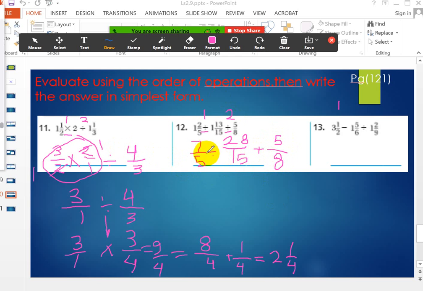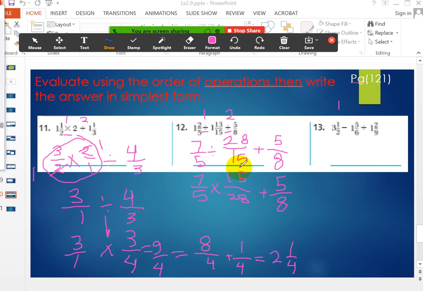Now I will convert from division to multiplication. So 7 over 5 multiply 28 over 15. No, I'm sorry, this one will be 15 over 28, plus 5 over 8.